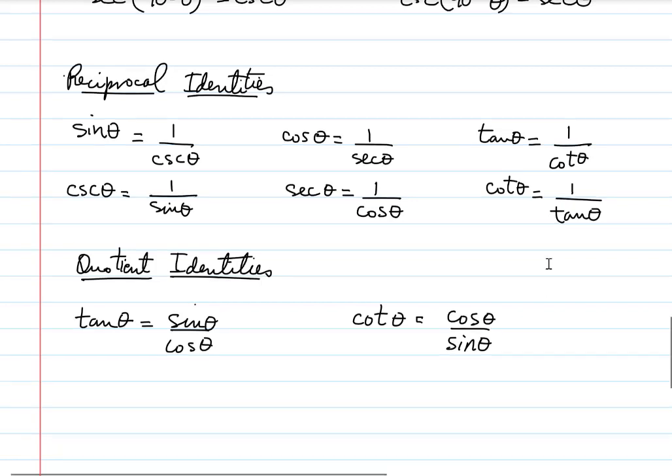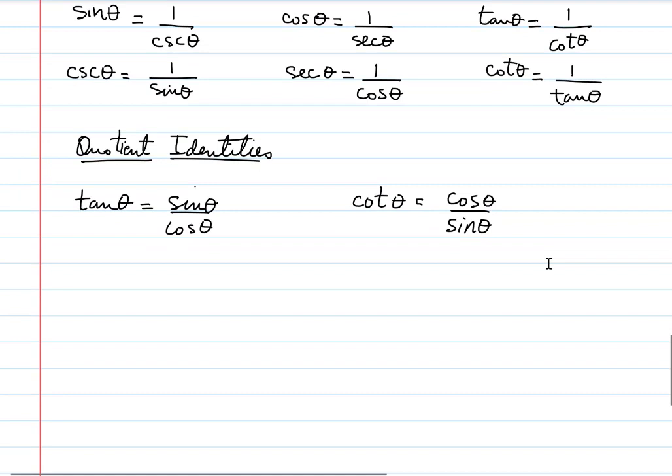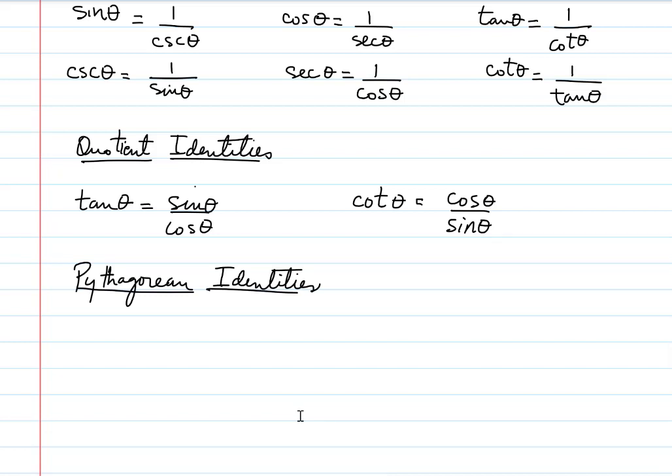And then we have one more set of identities for this part. And those are very important. They're going to be called the Pythagorean identities. Now, the Pythagorean identities get their name from the fact that when you prove them, you derive them, you use the definition of our trig functions, but you're going to have to use the Pythagorean theorem at some point to be able to prove that the identities are true.